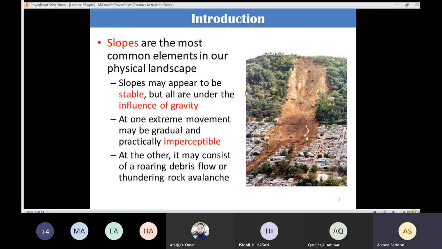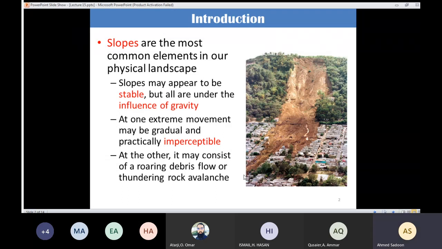And if the stability of the slope is going to change for any reason, like you can see here, catastrophe will take place. Because if that mass of soil is going to be delivered to that populated place, we can see many casualties.